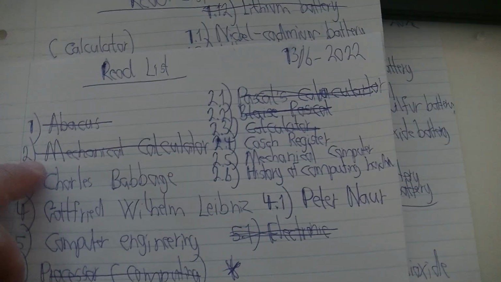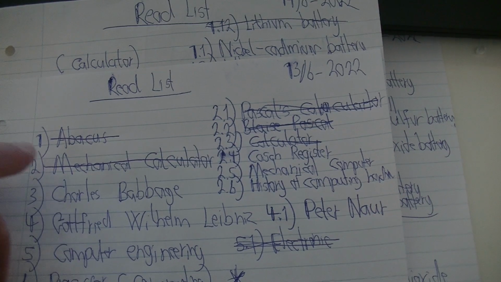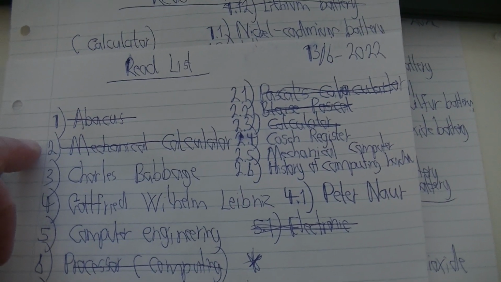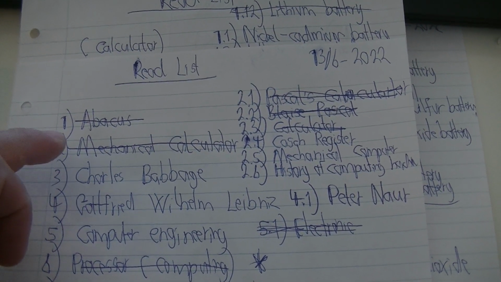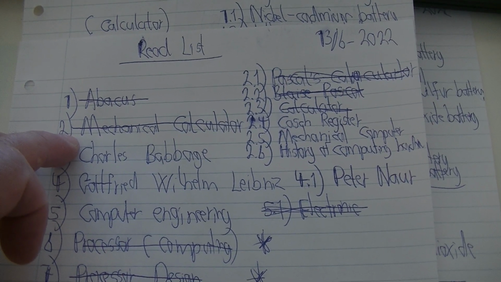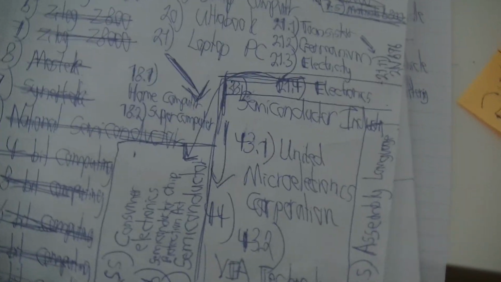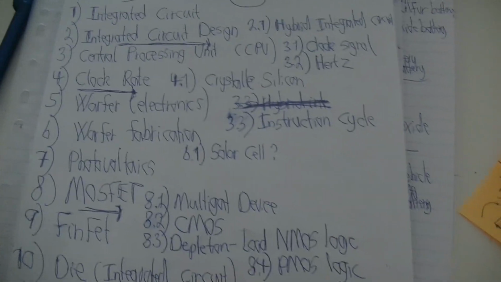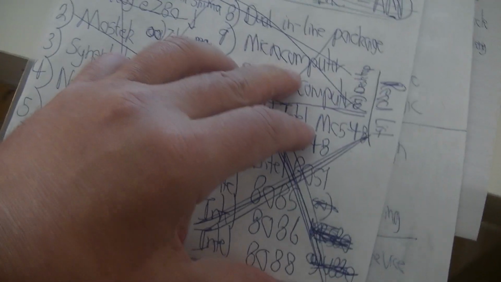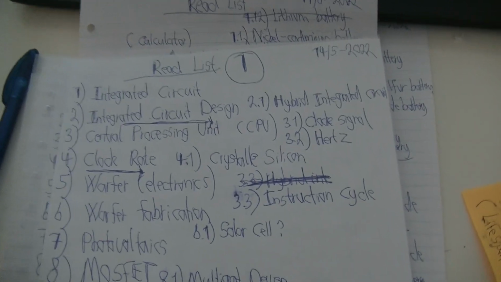That was about this computer science. Then we have the programming, and then go all the way back to my original read lists. We have the electricity somewhere, but my read list is a big mess.